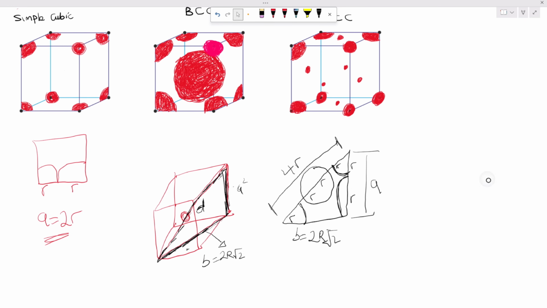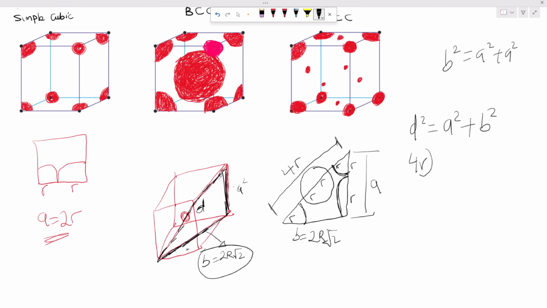Remember I denoted it as D, so we say D square is equal to A square plus B square. So we need to remind ourselves that our B square is equal to A square plus A square. If you remember from our first equation when we derived this, B square is A square plus A square. So we bring that into the equation.